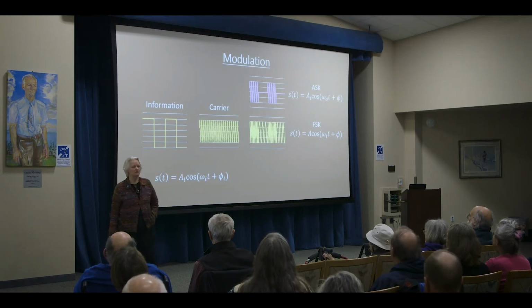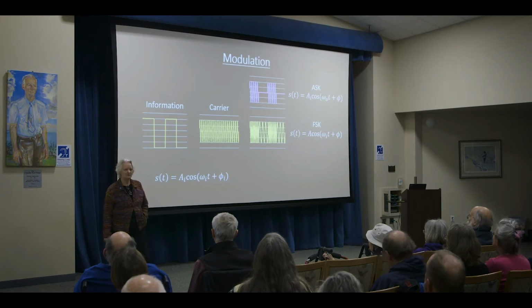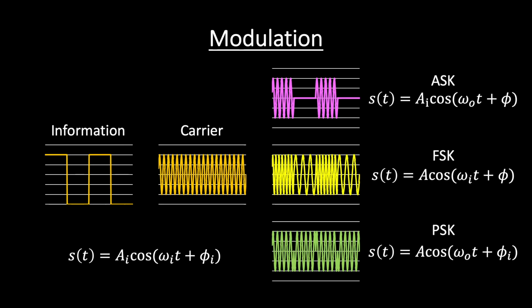Finally, if I'm going to change the phase, what do you guess the name of it's going to be? Phase shift keying, right, yeah. Okay, so phase shift keying, I'm going to change the phase. When I'm a 1, I'm going to have the phase be 0. And when I'm 0, I'm going to have the phase be 180 degrees.